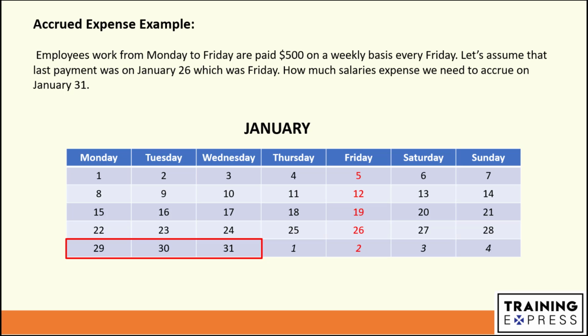Till January 31, employees have performed services for 3 days. So we will record salaries expense for 3 days only. And because we have not paid these salaries so far, we will record it as salaries payable.